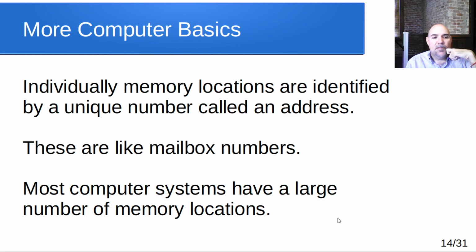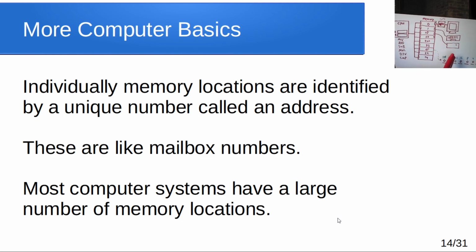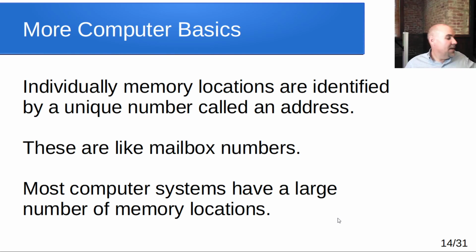The computer system has all of those memory boxes that we saw in this diagram here. Each one of these has an address associated with it. And there are a lot of possible addresses because there are a lot of memory locations in most computer systems.